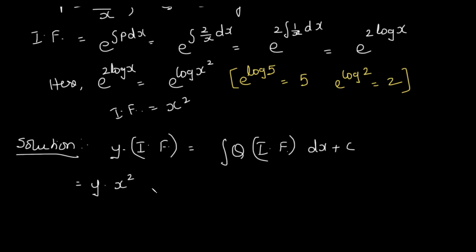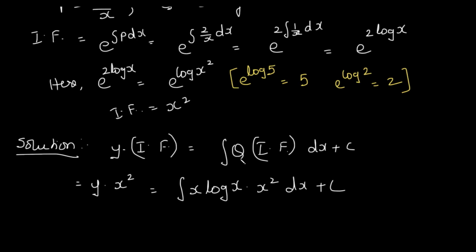Y into x square is equal to integral q into integrating factor. For us in this case, q was actually x log x into x square, which is our integrating factor, dx plus c.